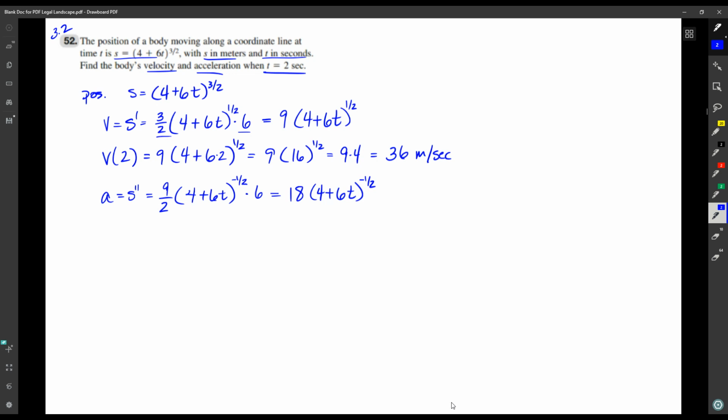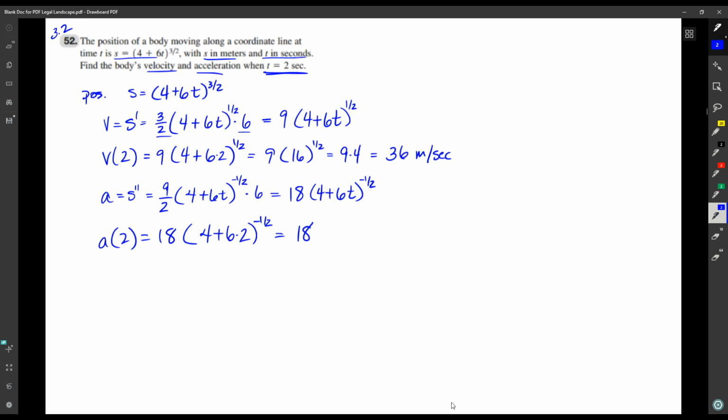Now, we want to find the acceleration, again like the velocity, where time is equal to 2 seconds. So we want a of 2. That's going to be 18 times (4 plus 6 times 2) to the power of negative 1/2. So here we have the 18 again, and 4 plus 6 times 2 is 4 plus 12, which is 16.